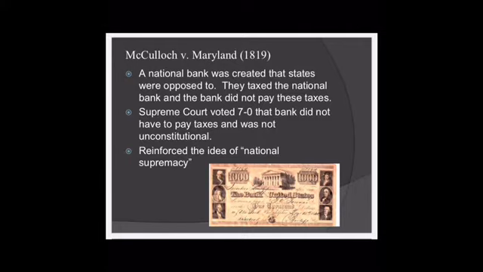So McCulloch versus Maryland strengthened the idea that our national government was stronger than the state governments. What it in effect did is it showed that we were not living under the Articles of Confederation anymore. We were living under the Constitution. This decision has carried forth with many different decisions where the national government and state governments collide, and the national government always reigns supreme.